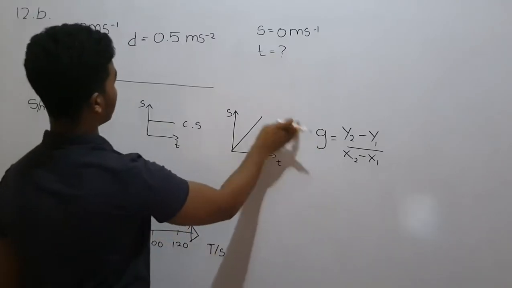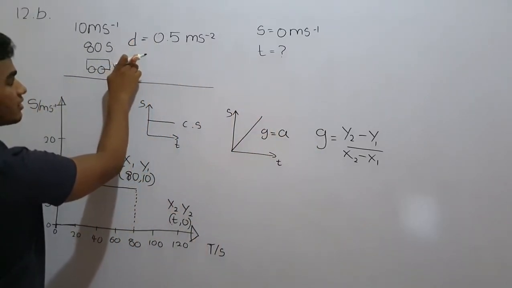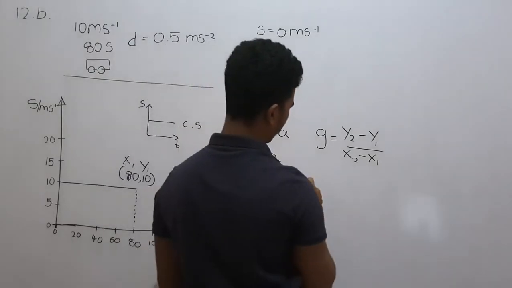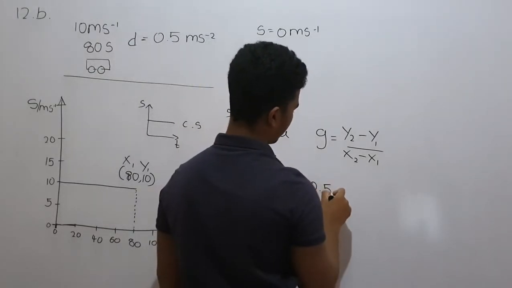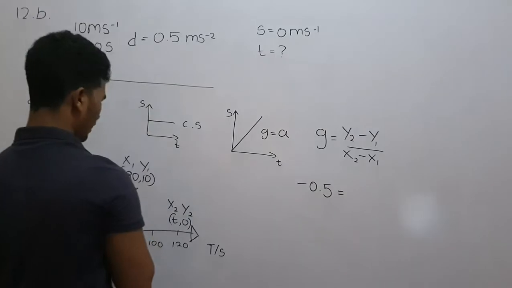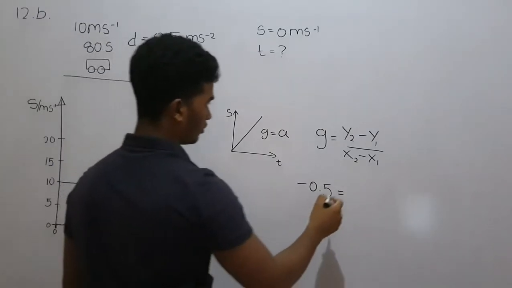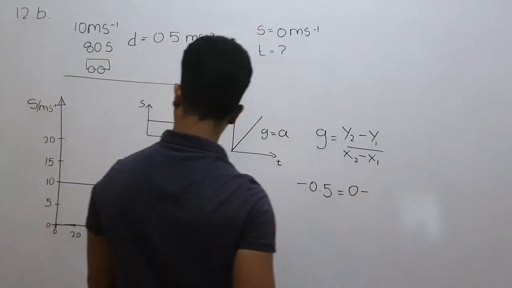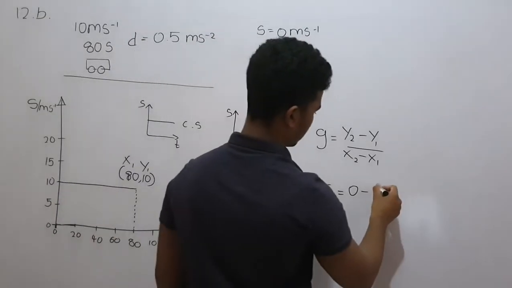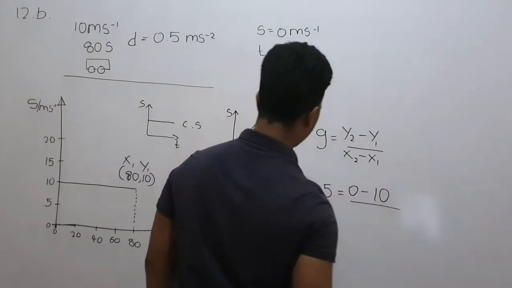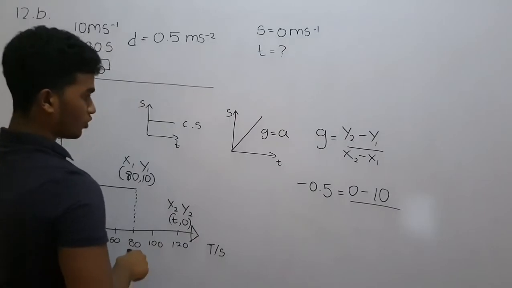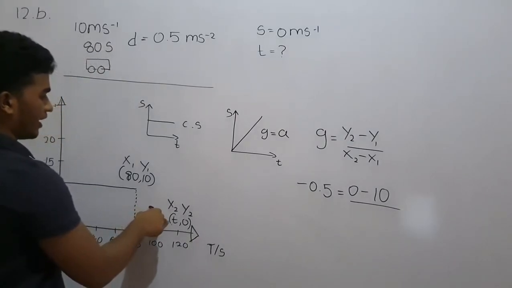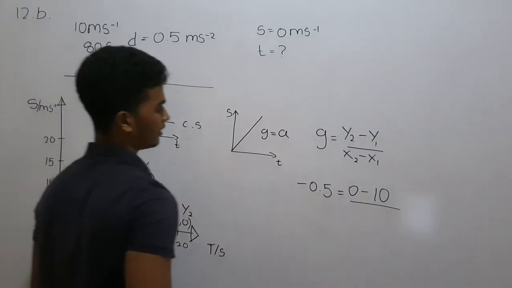Since it's deceleration, we should put minus 0.5 equals y2, which is 0, minus y1, which is 10, the whole thing divided by x2, which is t, minus x1, which is 80: t minus 80.